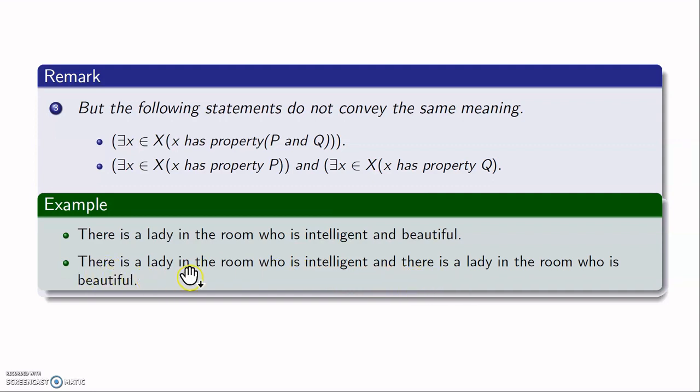Now the lady that I'm talking about in the first part might be different from the lady in the second part. So there could be two ladies, one is intelligent, one is beautiful, possibly. But the first one says there is a lady in the room who is both intelligent and beautiful. So the same lady, one lady I can find which is both intelligent and beautiful. Okay, so these two might not convey the same meaning.